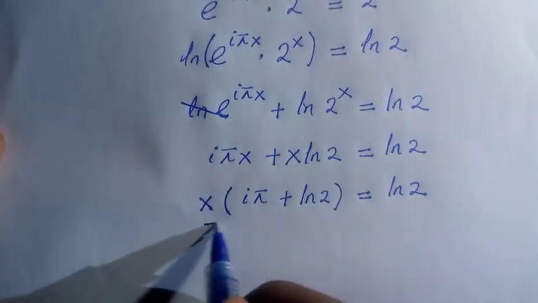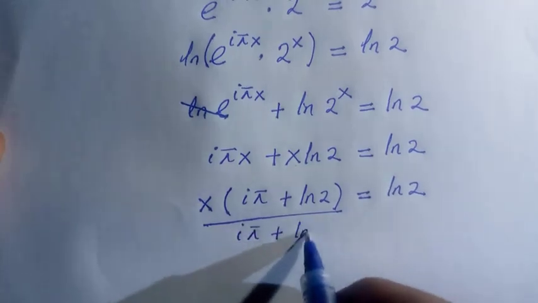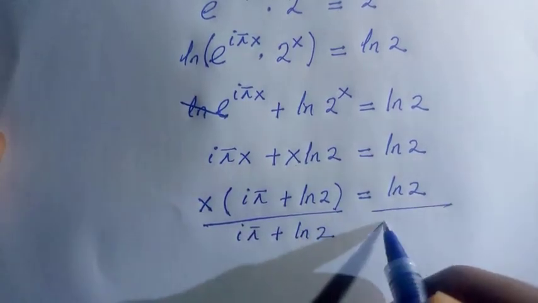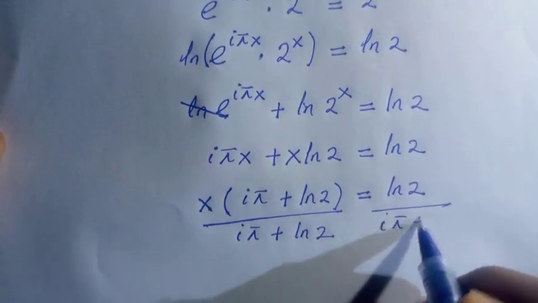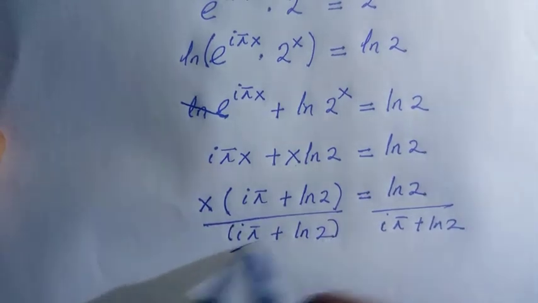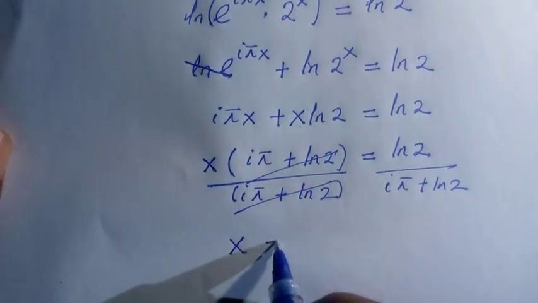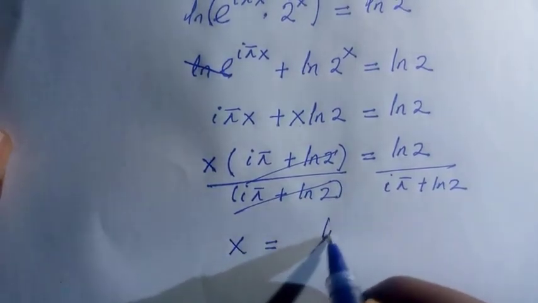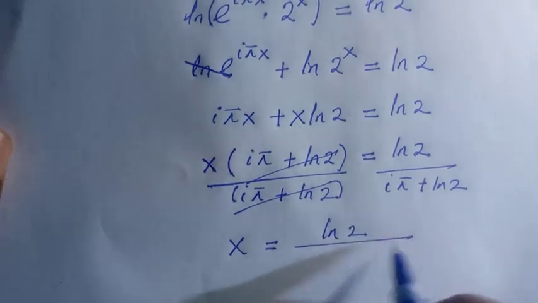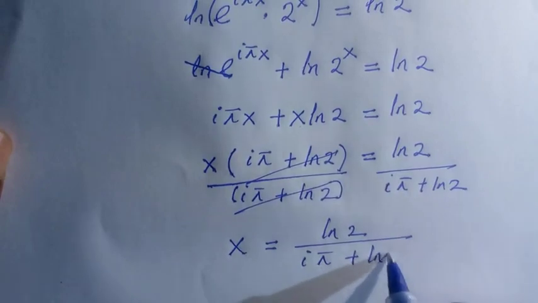So let's divide both sides by (i pi plus ln 2) so that we get the value of x that we want. So this and this cancel each other. Then we have x equals ln 2 divided by (i pi plus ln 2).